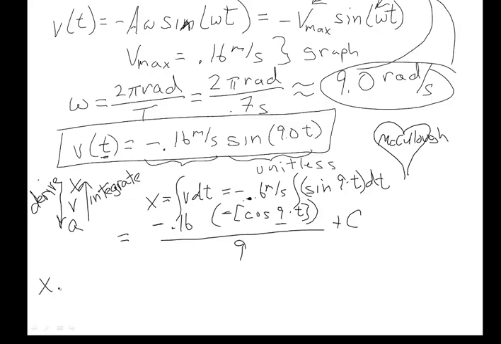We can figure out our constant of integration now by substituting 0 in for t. If we plug back into the equation above, it'd be negative 0.16, but the negatives cancel with the other negatives, so it's just 0.16 cosine of 9 times 0, because we're entering in 0, divided by 9. And what will that equal?